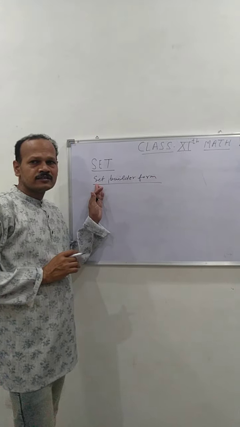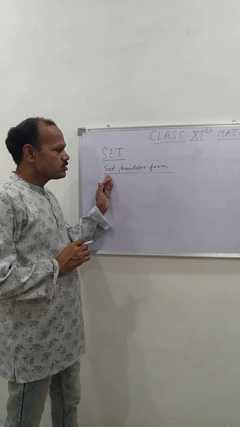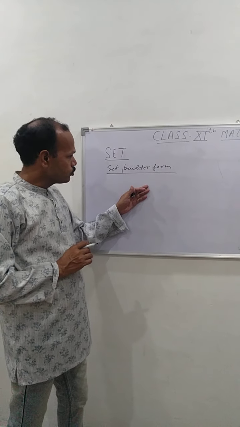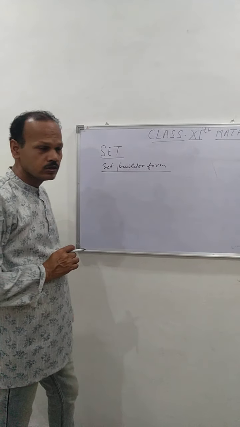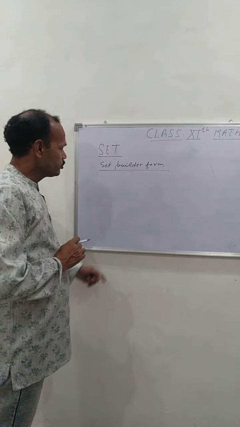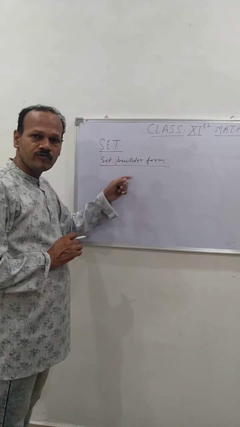In this case, we list the elements by using their specific property inside a curly bracket, and a representation of that type is said to be set builder form.